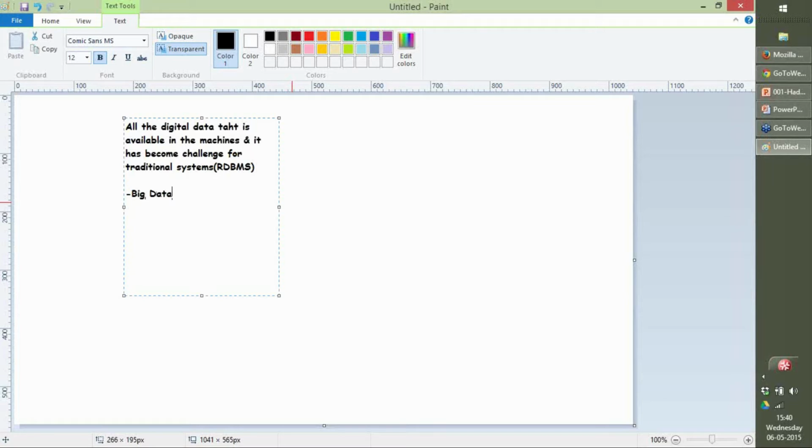But this definition has also become a traditional definition for big data. So what is the current definition? Big data's definition was given by IBM as 3 V's plus 1 V. So what are these three V's?